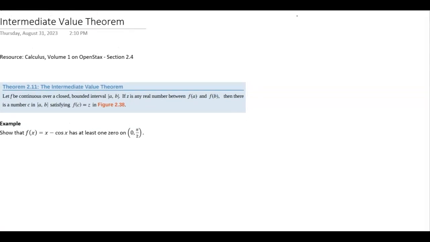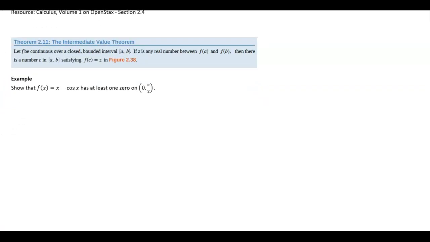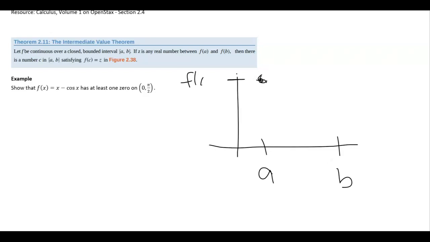Okay, so with that being said, let's look at the full theorem. If z is any number between these two function values, so again, I'm going to draw this graphically and we'll just stay here in the first quadrant. So I have an A, I have a B, I have an f of A, and I have an f of B. And I have some continuous function.